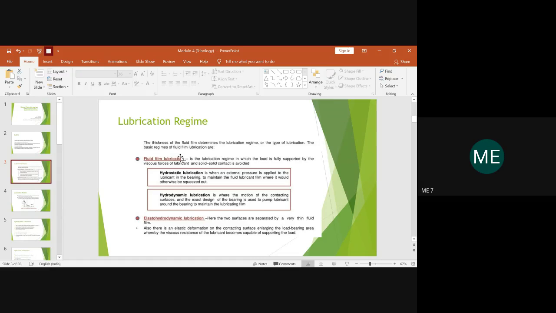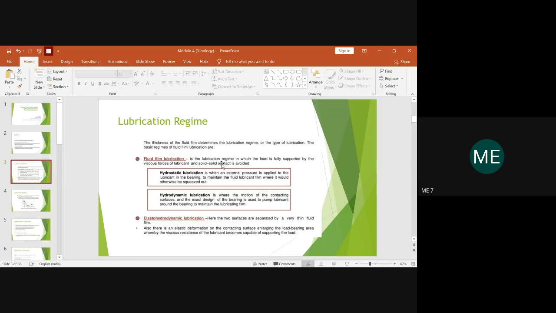In this type of lubrication regime, we usually use hydrostatic or hydrodynamic lubrication when we need to support a heavily loaded bearing. The load placed on the bearing is supported by the fluid film of the lubricant. Why do we use this?